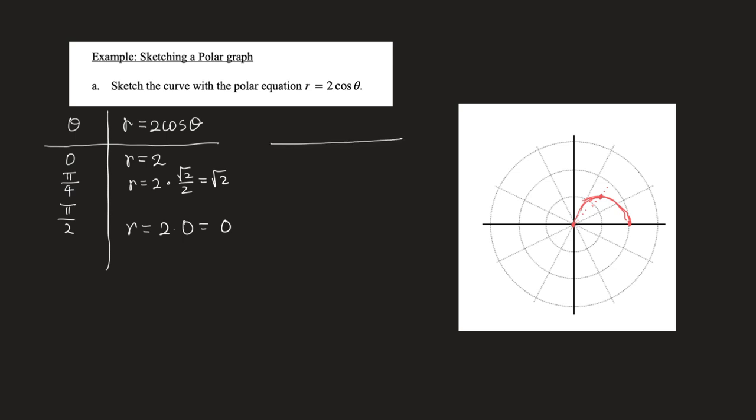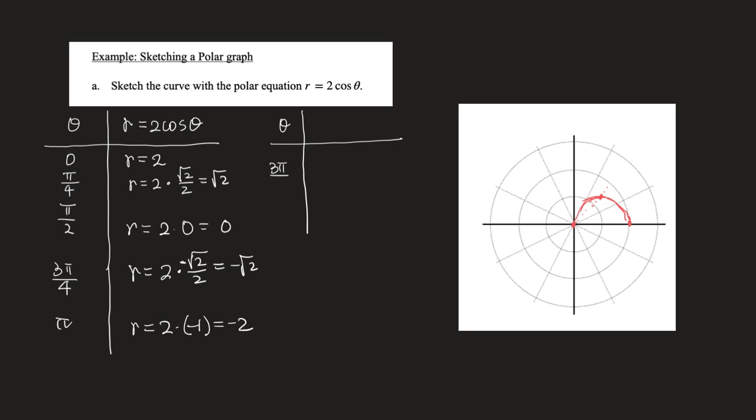The second quadrant angles are 3 pi over 4 and pi. What happens here, guys? For 3 pi over 4, r is 2 cosine 3 pi over 4, which is negative square root 2. Theta is pi, r is 2 cosine pi, which is negative 1 times 2, negative 2.